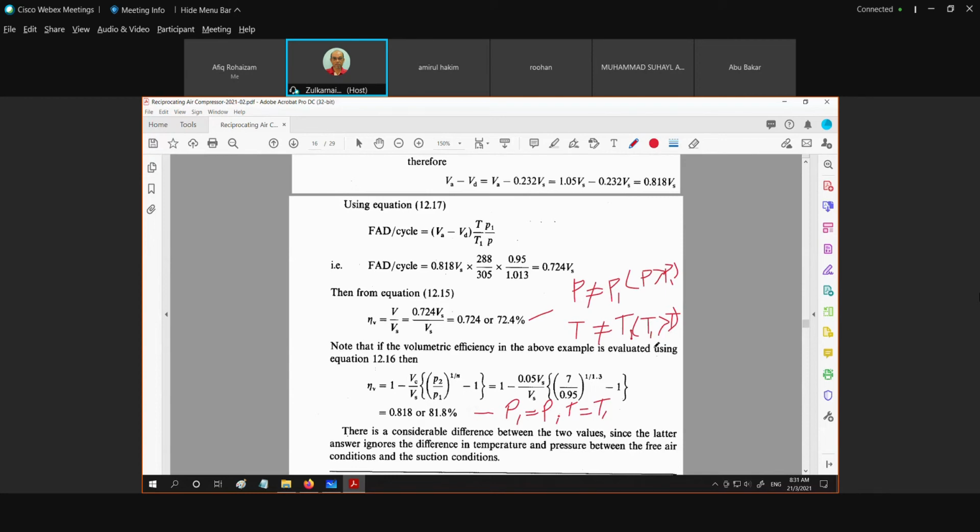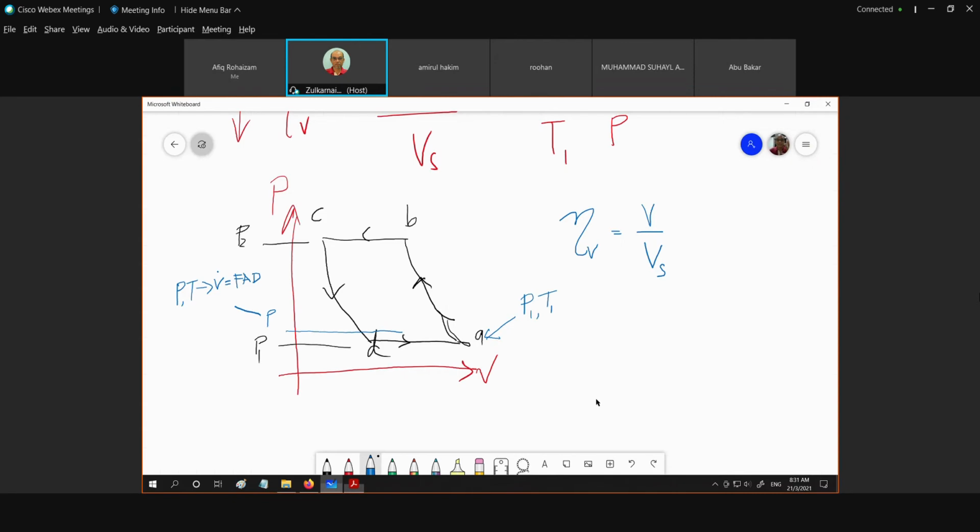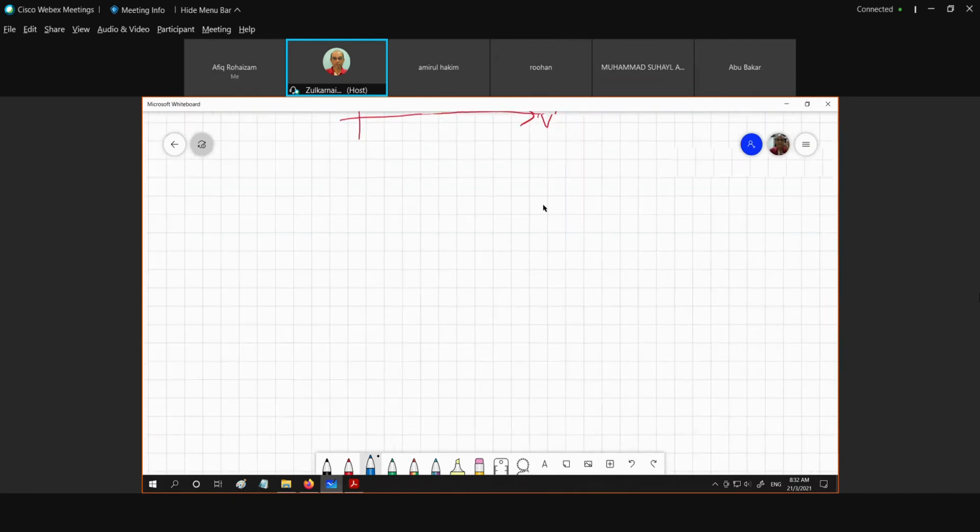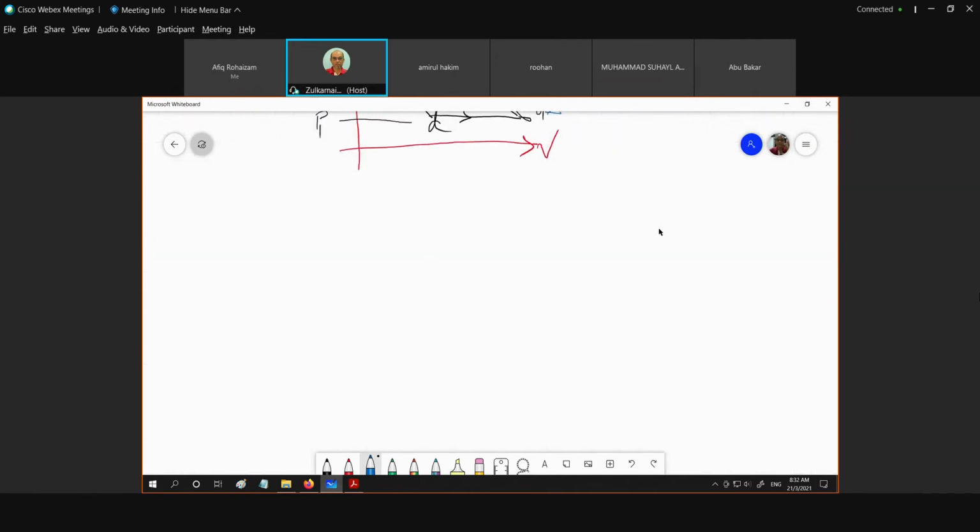Now kalau kita katakan kalau kita design, let's say we design our compressor, we want to increase, katakan this is our PV diagram. PV, this is our original diagram. Okay. Katakan ini is our P2.